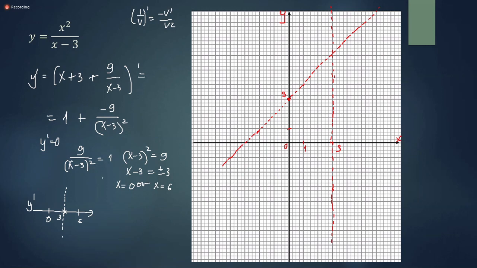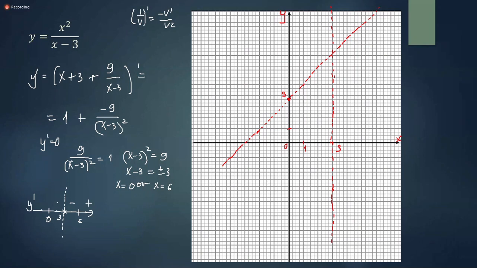And so if x is very, very large, we have 1 plus a very, very small negative number, that will be positive. If x is between 3 and 6, for example, 4, then we have 1 plus minus 9, that's negative. Remember that inside each segment, you may choose a value of x to check the sign of the derivative. If x is, for example, 2, that is between 0 and 3, then this is 1 minus 9 over 1 squared.